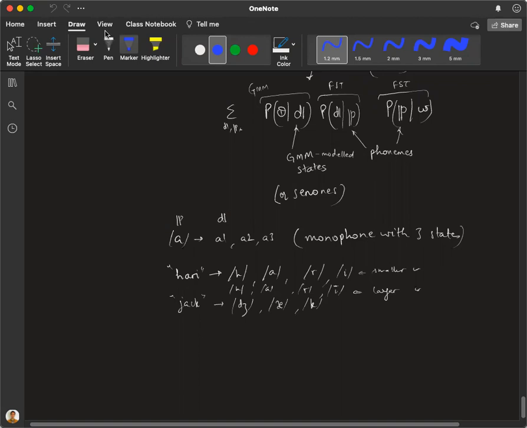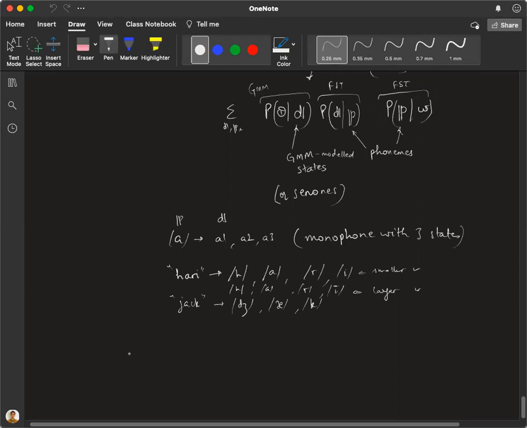I have to pick one example for Viterbi. Let's take an example. Hari is a very long word, so let me take a short word. Let's say two.